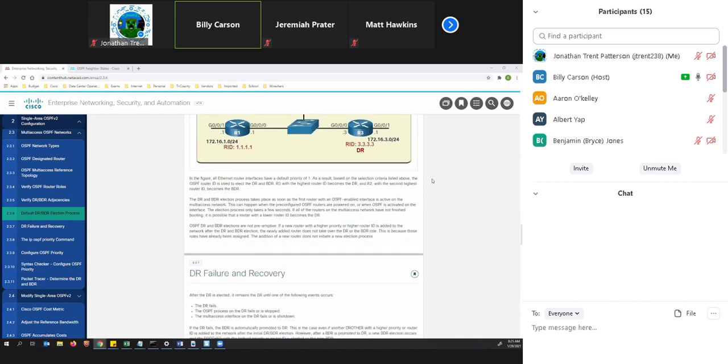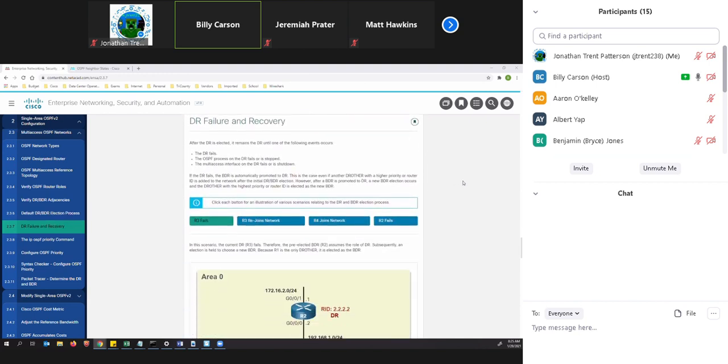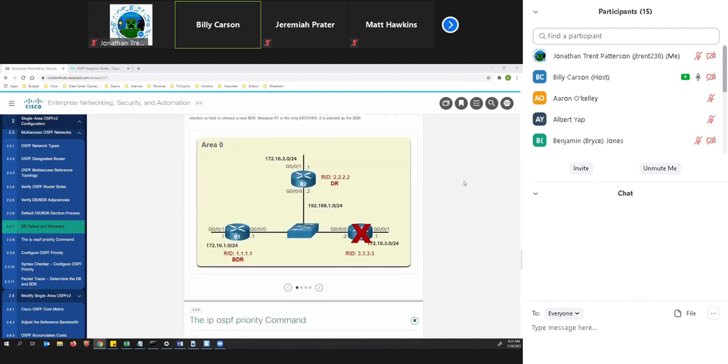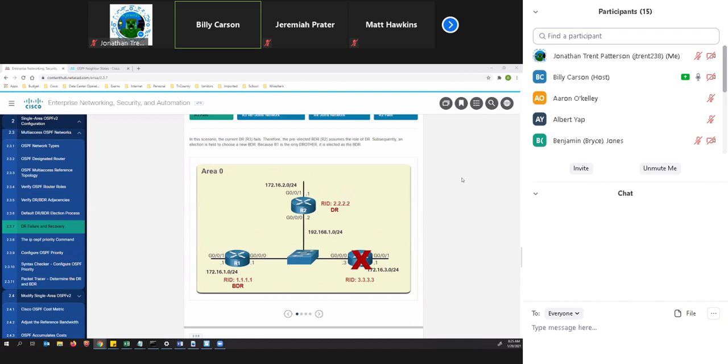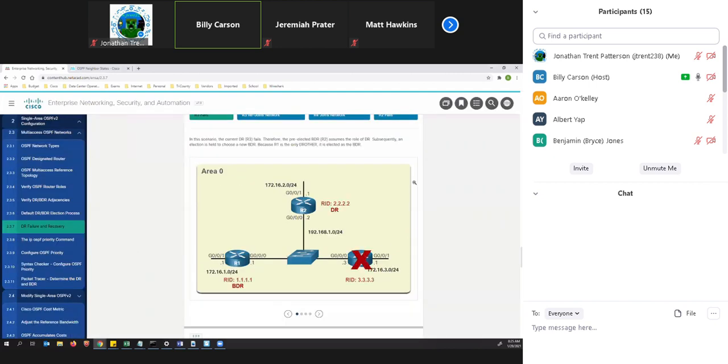So there's the topology there. Okay, so now failover with these guys. So let's look at this. In this example, we have elected a... let me go back up here and look.